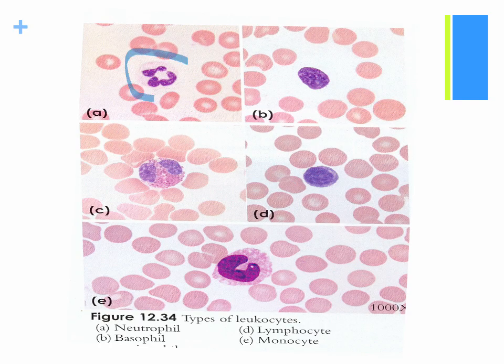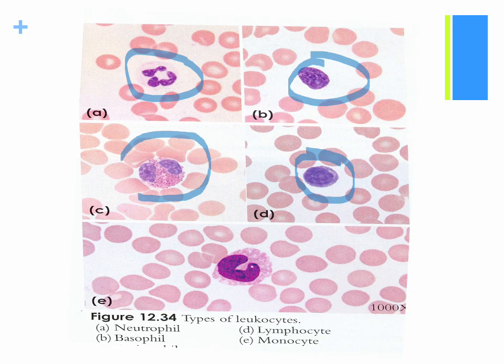Here we have the neutrophil, basophil. What do you guys think this guy is? This guy is a lymphocyte. Eosinophil, crimson in color, Spider-Man looking nuclei, and then this big boy is a monocyte.